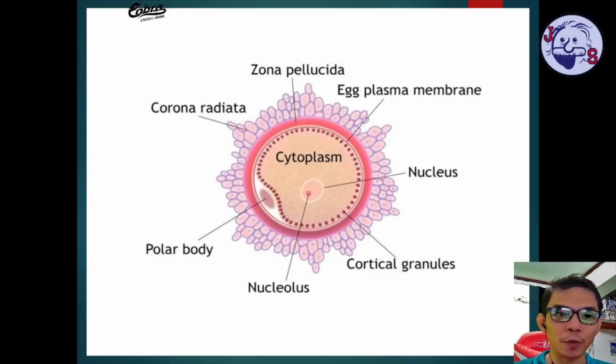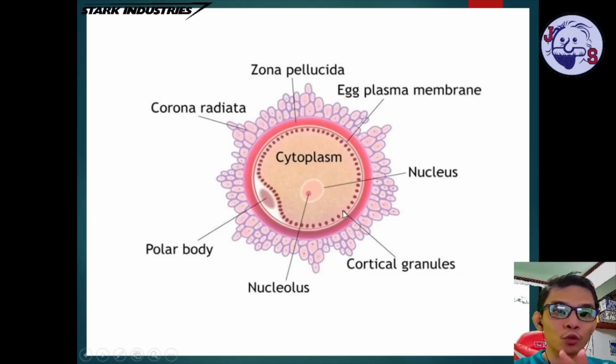The sperm cell needs to reach these cortical granules in order to release its DNA, which is carried by the sperm cell itself.